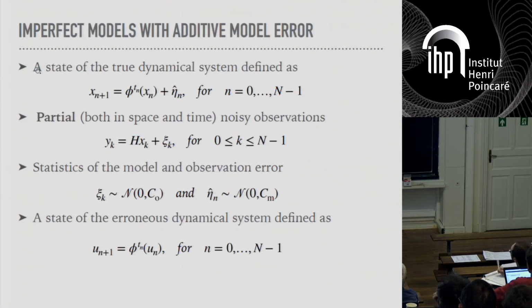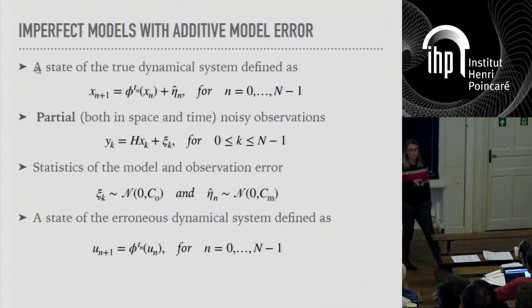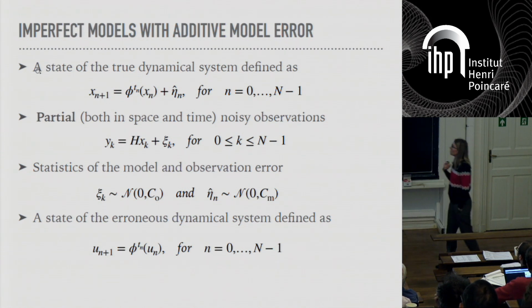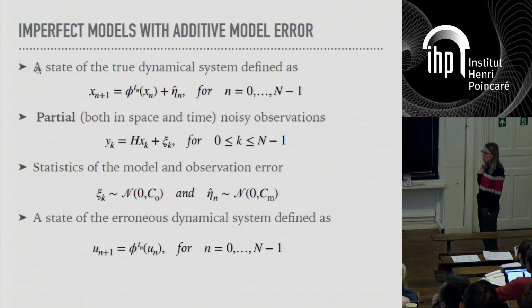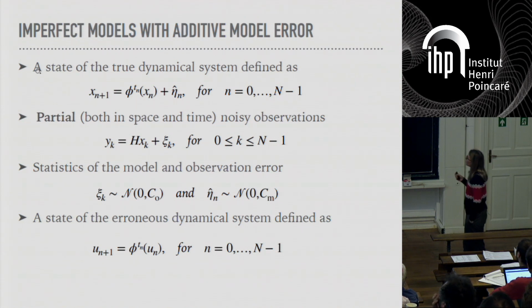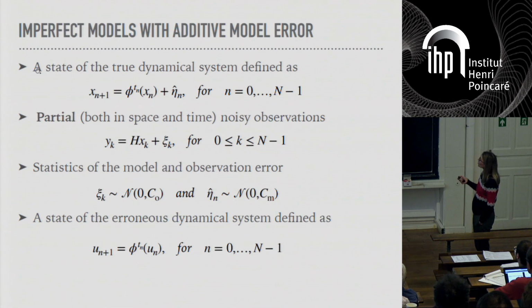Now I would like to talk about imperfect models. I will consider models with additive noise. For at least the first experiments that we looked at, we say that the true dynamical system is stochastic.